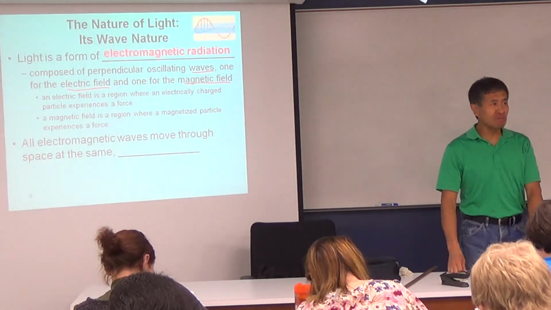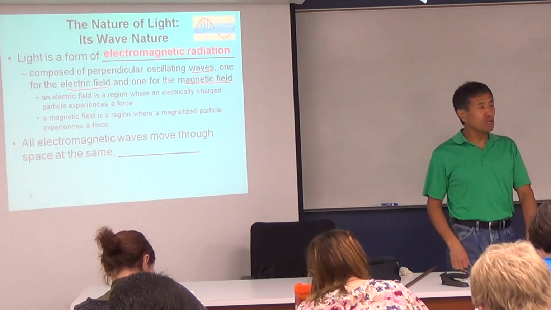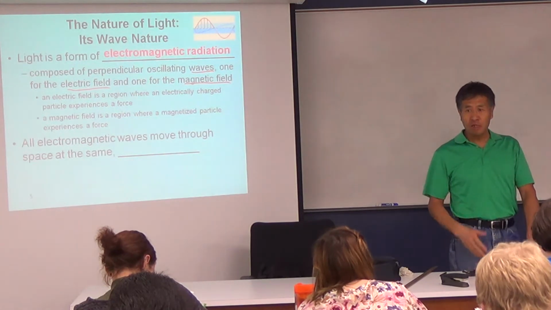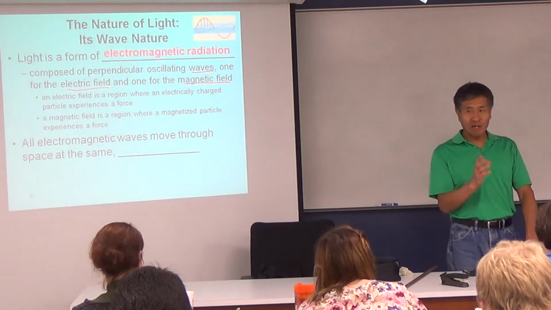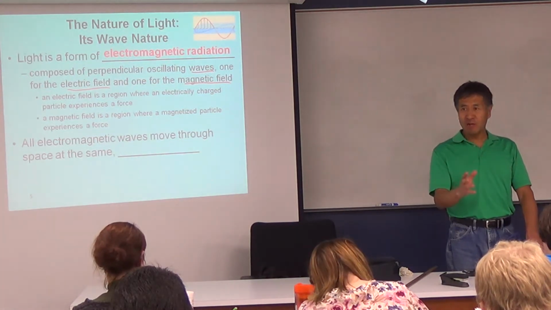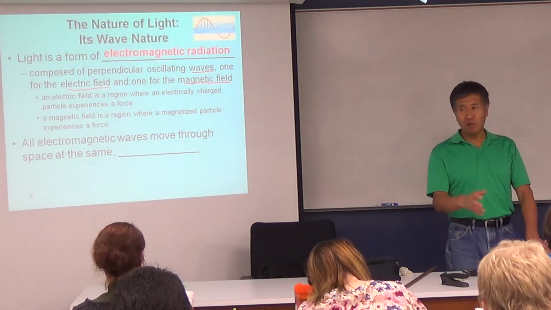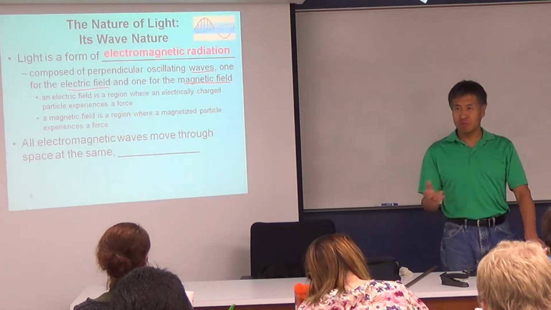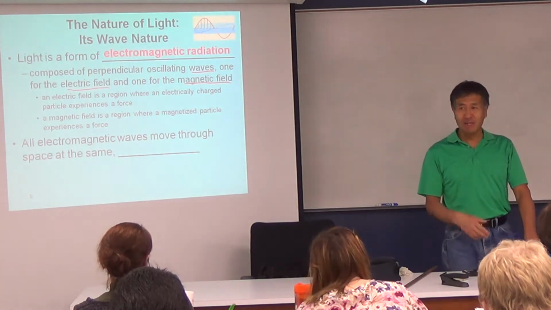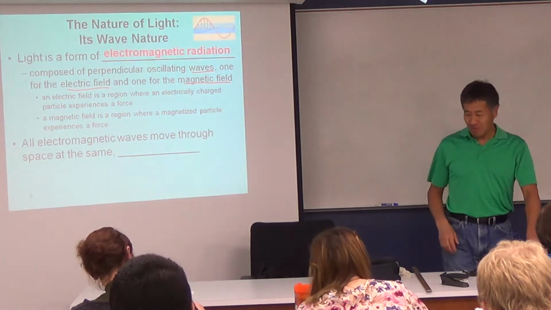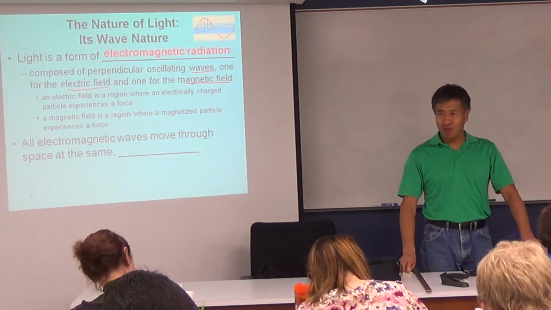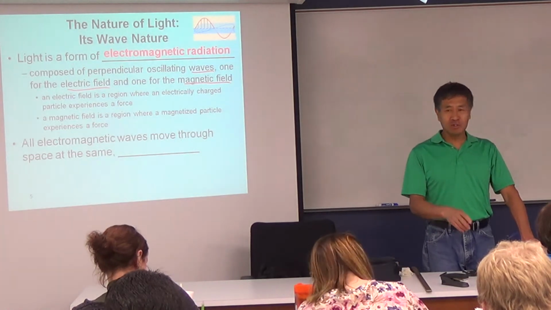If you put them in the same medium, for example through the air or in a vacuum, no matter what kind of light you have, visible light, they will travel at the speed of light. If you have infrared or UV light, they will also travel at the speed of light.